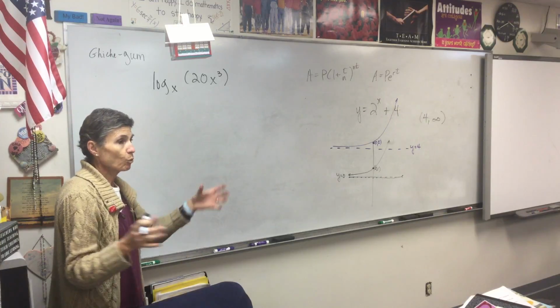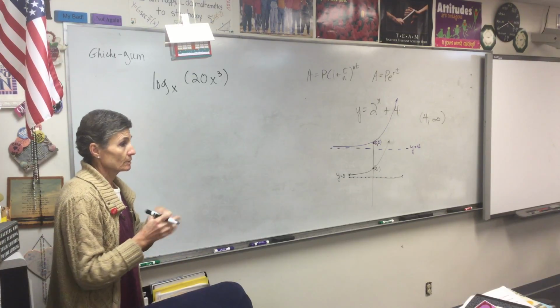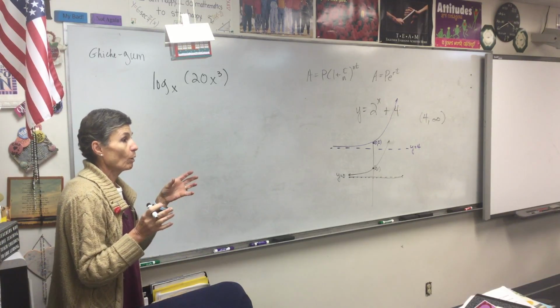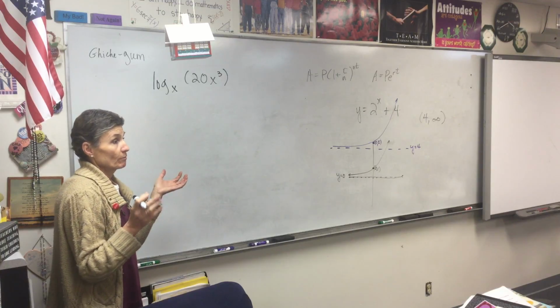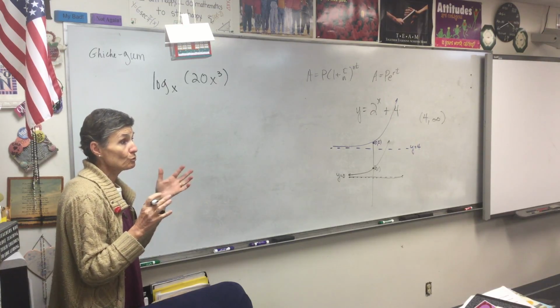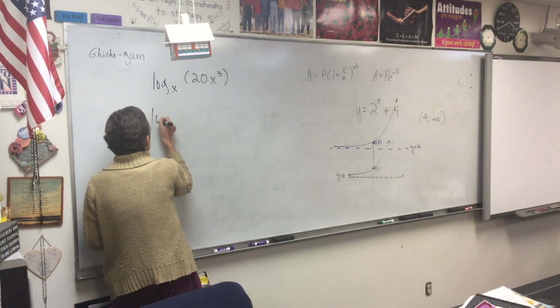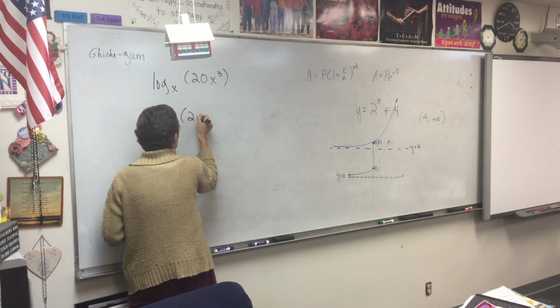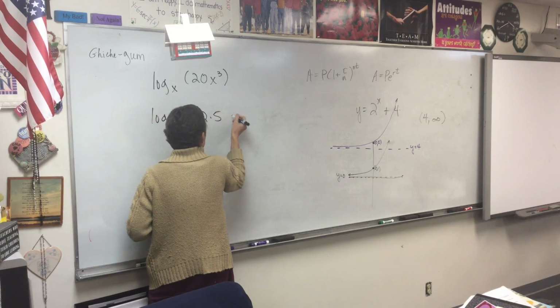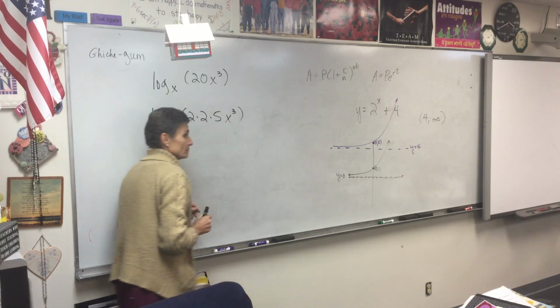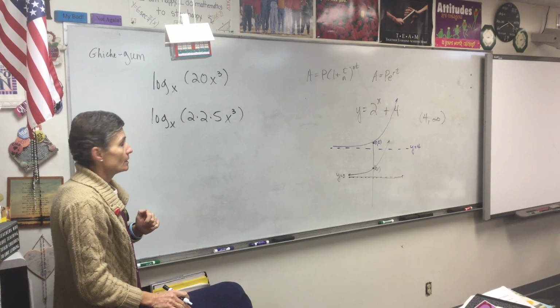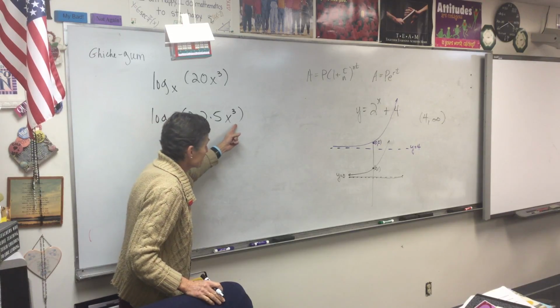Luckily, how can 20 be broken down? Well, think of, what are its factors? 4 and 5, or 2, 2 and 5, if we went all the way down. So we could think of this as the log of 2 times 2 times 5, and then x cubed. Now, these are all being multiplied.